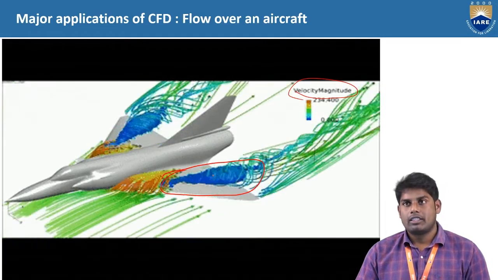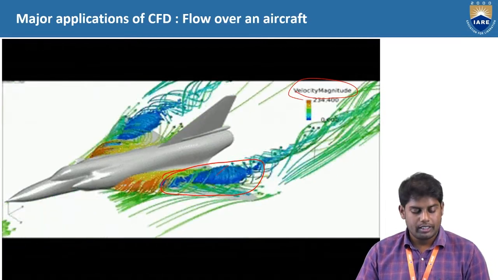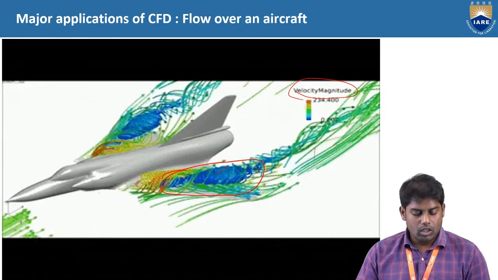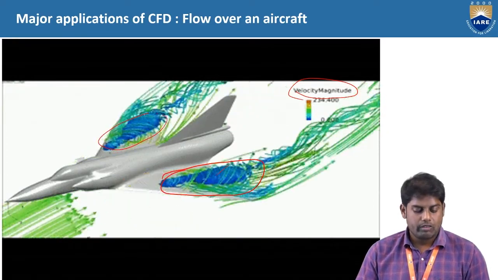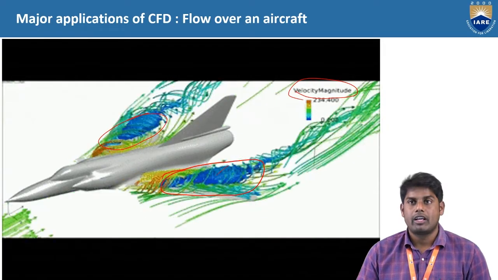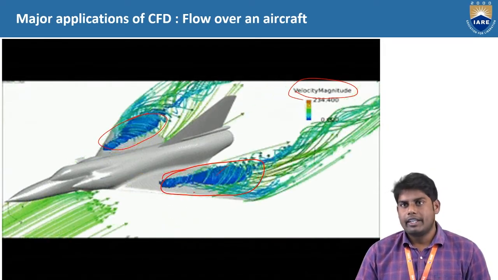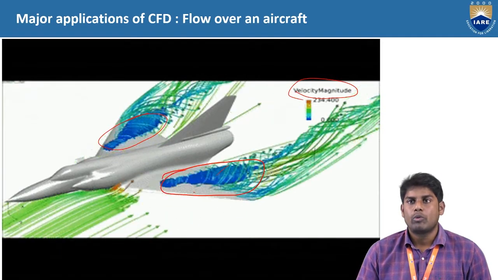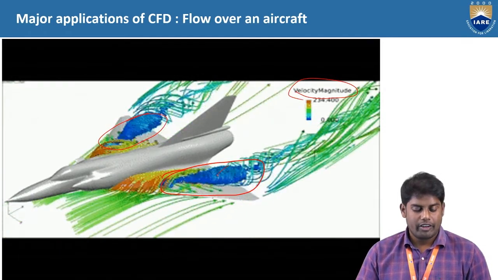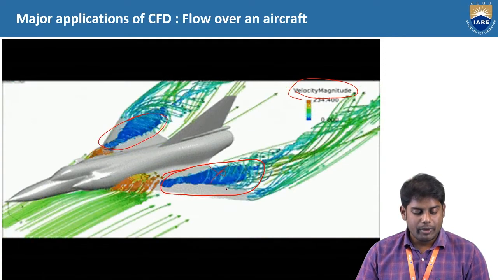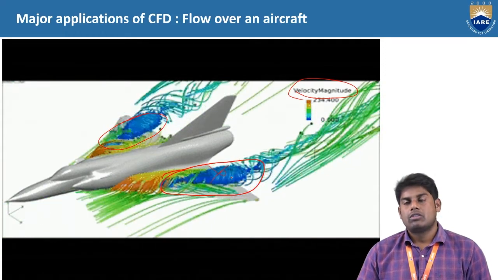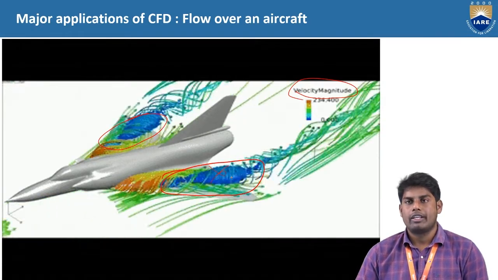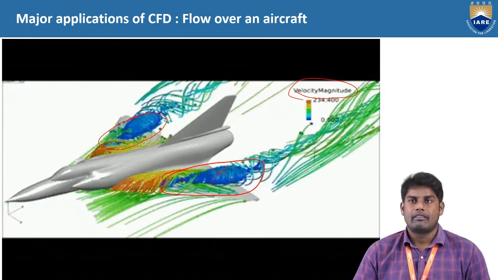There is a secondary flow formed, and there are low energized pockets which are formed on both sides of the wing. After investigating these things, people will study how to improve this design configuration such that we can mitigate this. So this is how the CFD tool helps us to visualize, for a given example here, an aircraft.